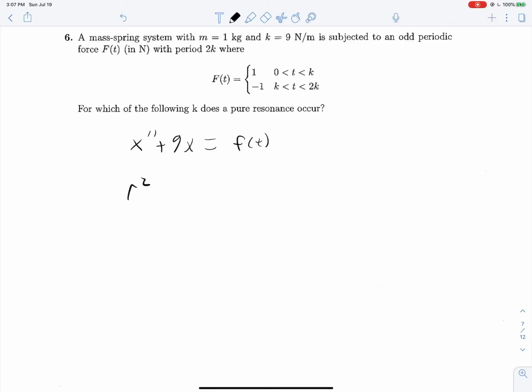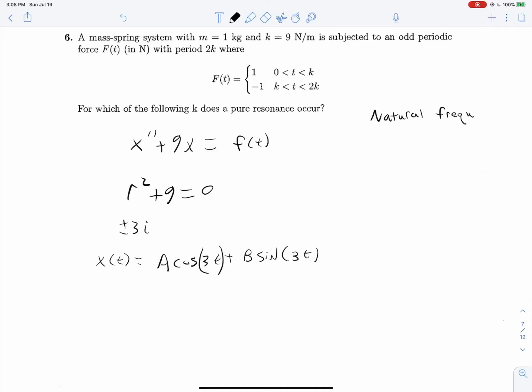So that'll just be solving r squared plus 9 equals 0, which has solutions plus or minus 3i. So if there was no forcing function, x of t would be equal to a cosine of 3t plus b sine of 3t, like that.